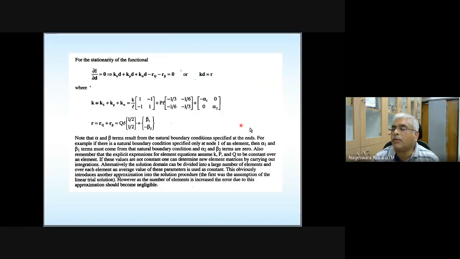What is alpha 1, alpha 2? They are zeros. So this entire k becomes only this one. This quantity is 0, this quantity is 0. And what about r? R is comprising of this plus this. Q is there, heat source is there, beta 1, beta 2. What is beta 1, beta 2? They are small q.